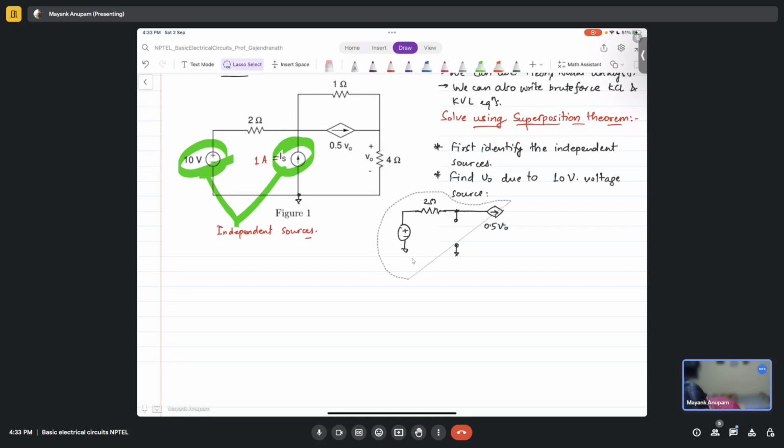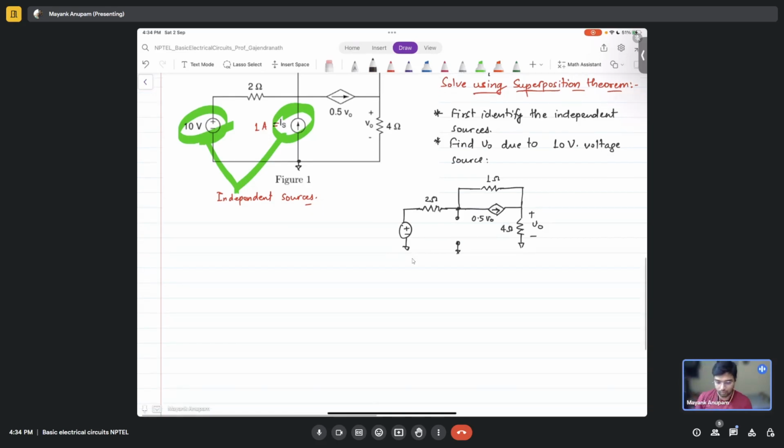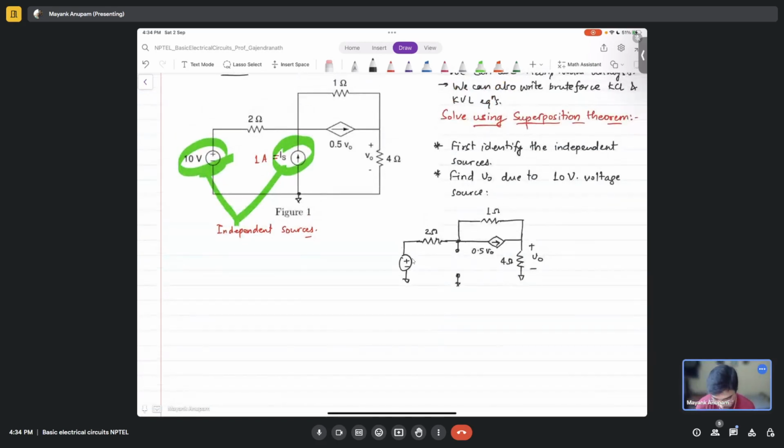I'm running out of space, so I'll do this. This is 1 ohm, this is 4 ohms, right? So tell me what will be V naught in this case?